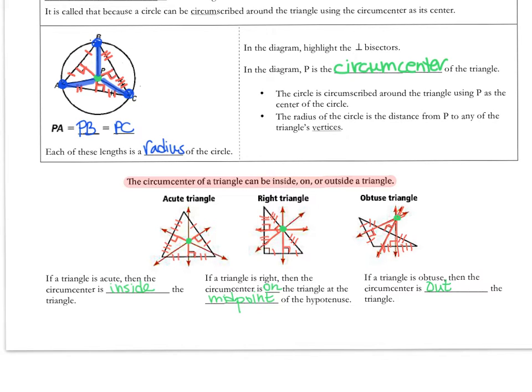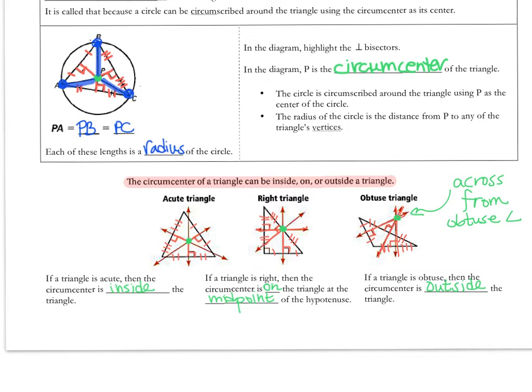Now, you should notice that for this obtuse triangle, where the circumcenter is located is sort of across from the obtuse angle. So it's outside of the triangle, but more specifically, it's always going to lie kind of outside of the longest side of the triangle.